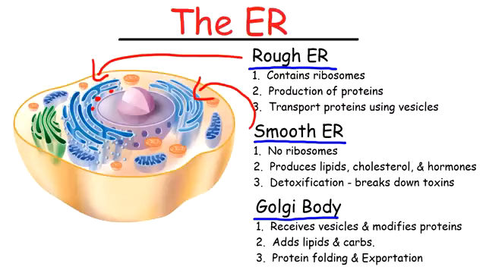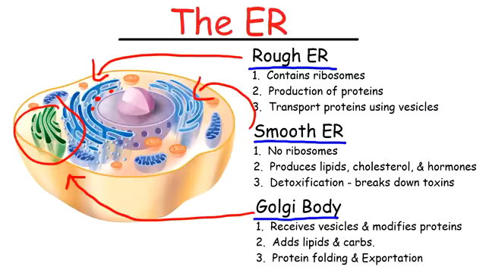Now let's go back to the rough ER. So once the rough ER, by means of the ribosomes, once they make the proteins, they are enclosed in a vesicle, and those vesicles get transported to the Golgi body, which is right there. Now, the Golgi body, it receives the vesicles, and it modifies the proteins that are in the vesicles.